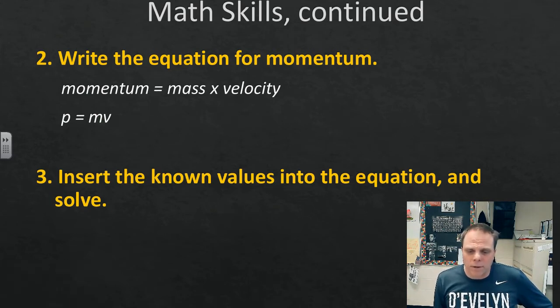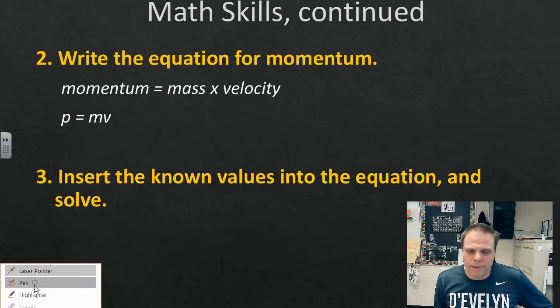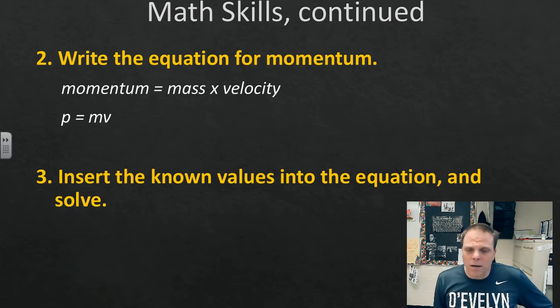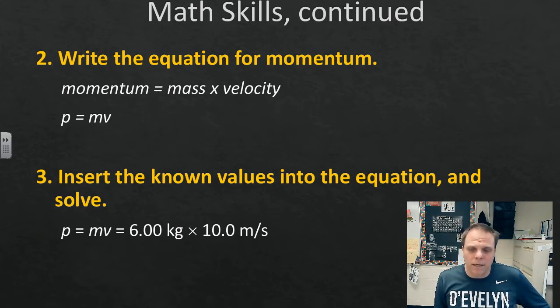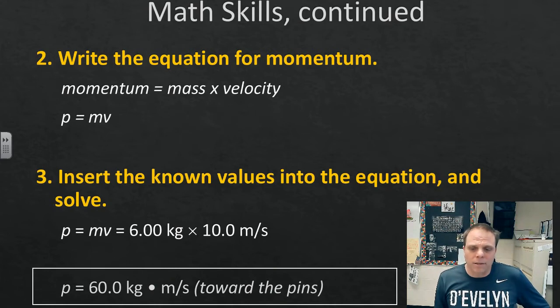All right, so then we get our known values, and so we substitute and we put our 6.00 kilograms and our 10 meters per second in that spot, and so we get our answer of 60 kilogram meters per second. And now we have to include that direction toward the pins. You're like, well, how do I know what the direction was?